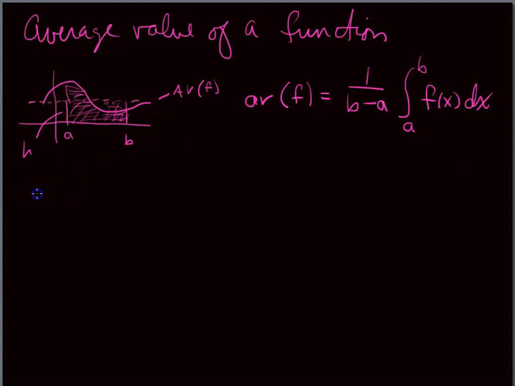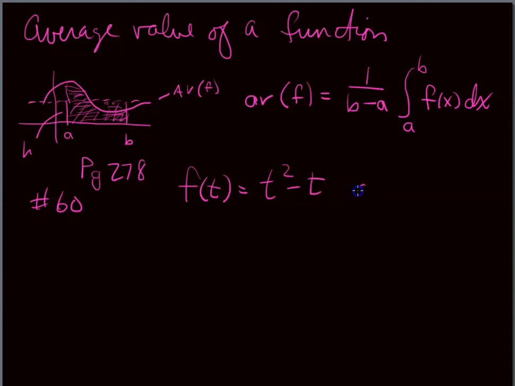For example, number 60, page 278. F of t equals t squared minus t on a negative 2 to 1.